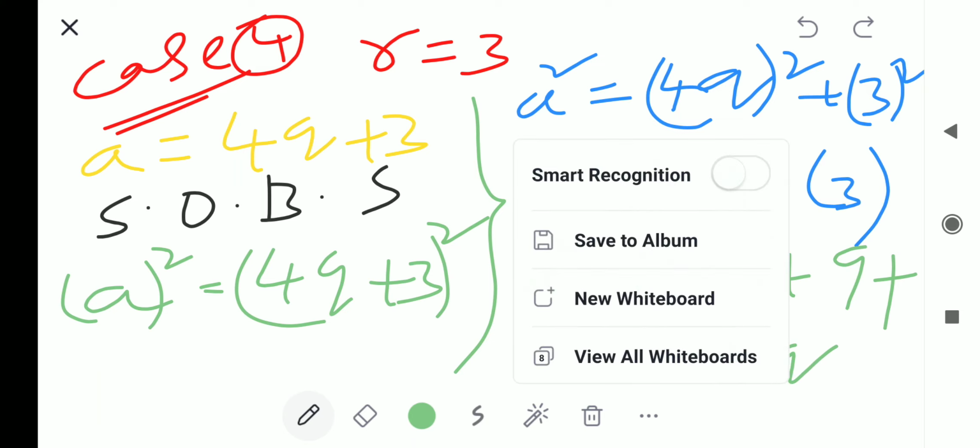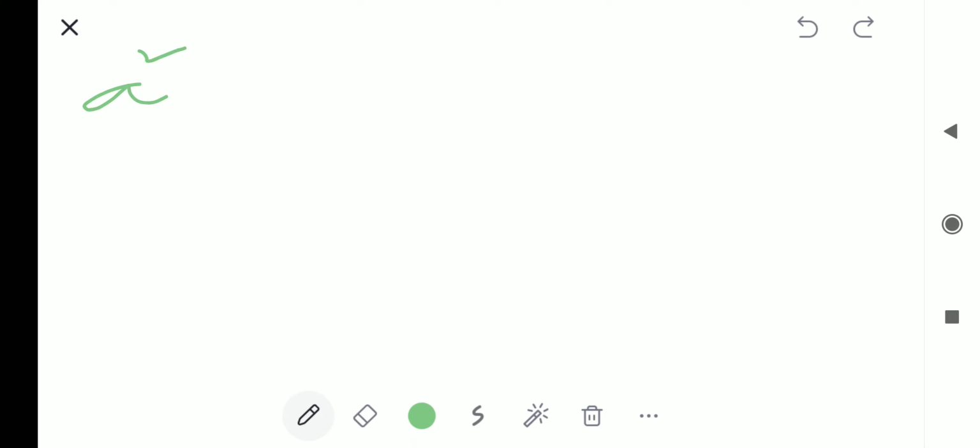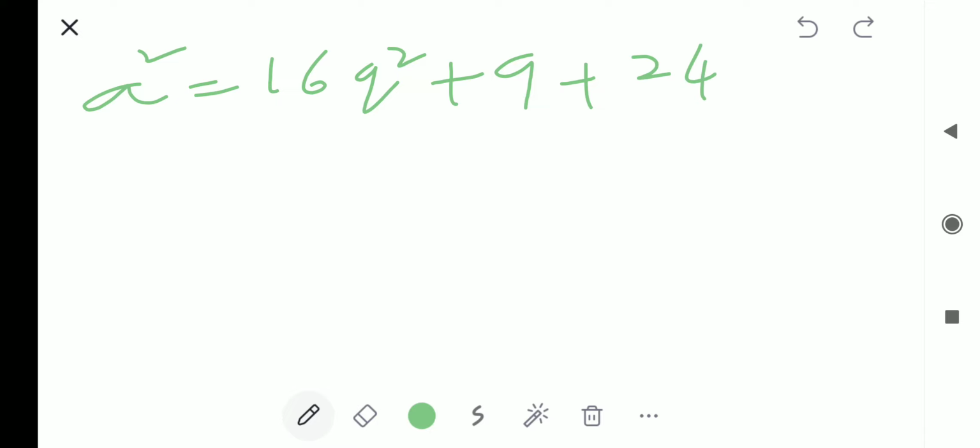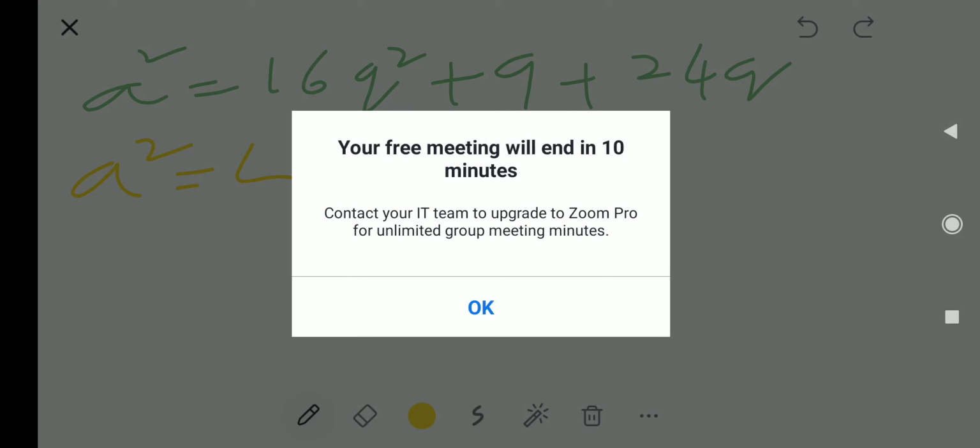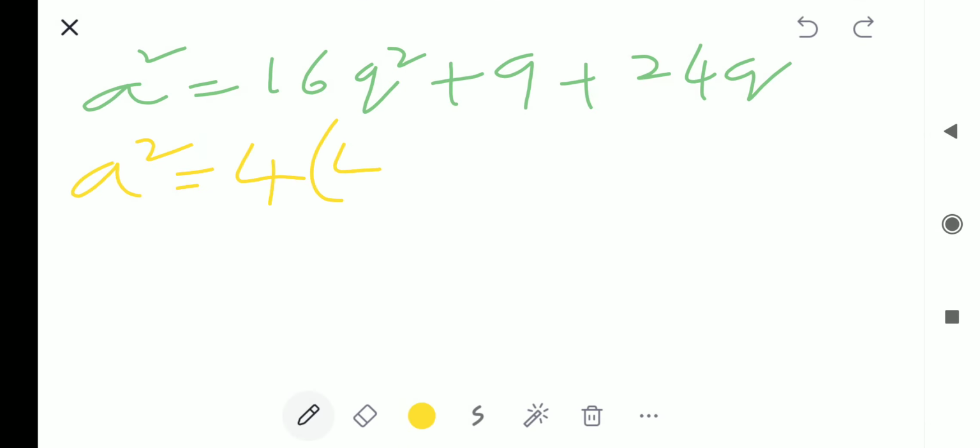Then I can write in the next step a square is equal to 16q square plus 9 plus 24q. Then the continuation, a square is equal to, if I take 4 common, I will get 4 into 4q square plus 6q plus 2 plus 1, because 4 2s are 8 plus 1.